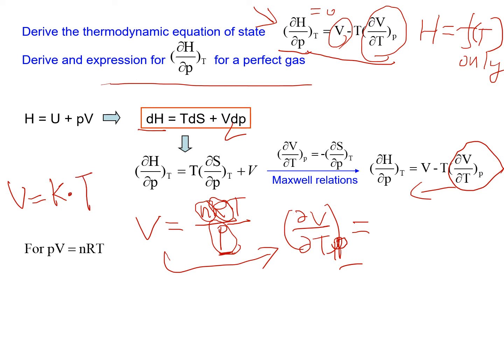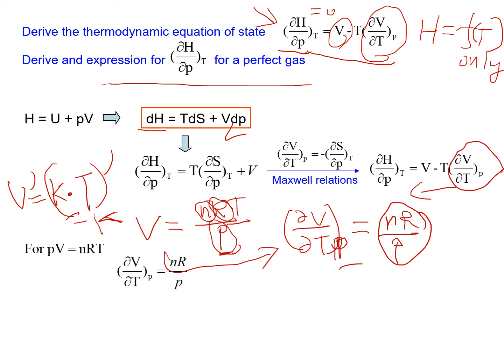The derivative with respect to temperature is just that constant. So in this case, it is nR over P.